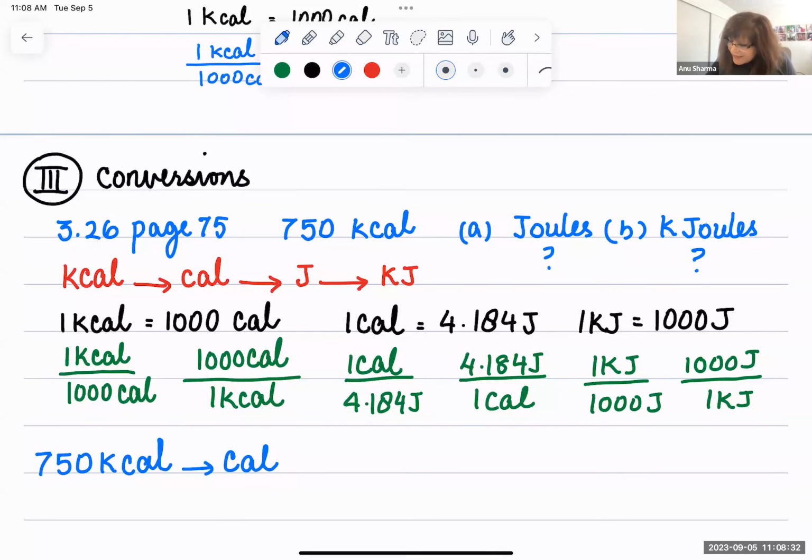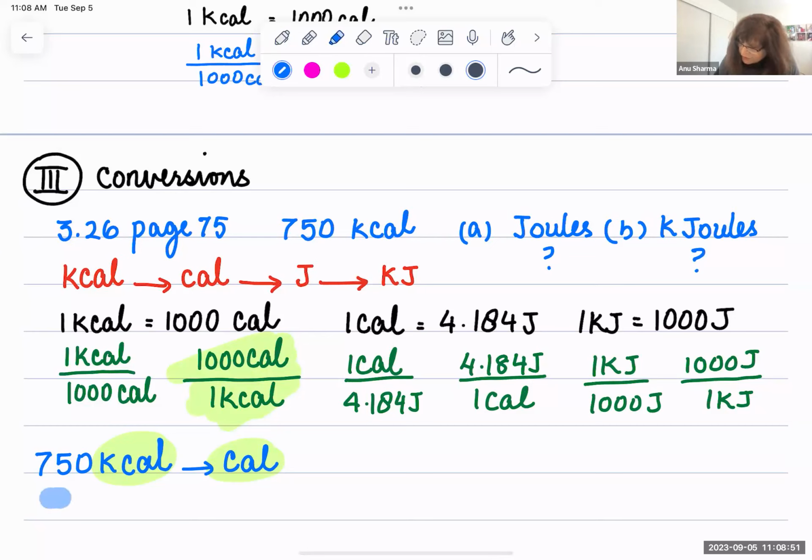We want to convert from kilocalories to calories. We want the calories, so we are going to use the second one. Okay, very good. Now you are going to write down 750.